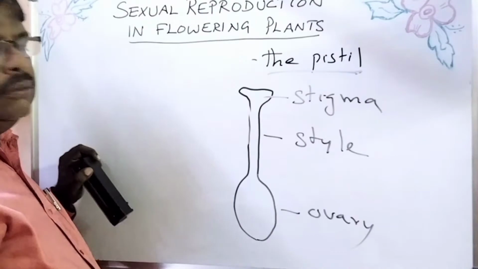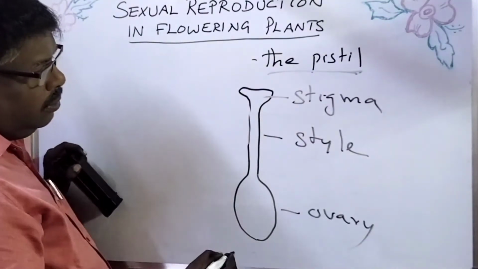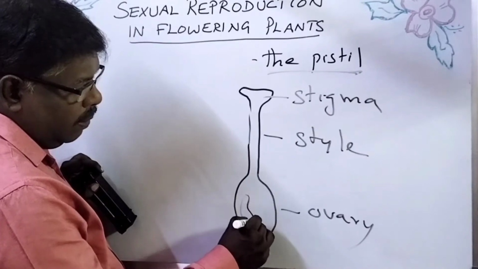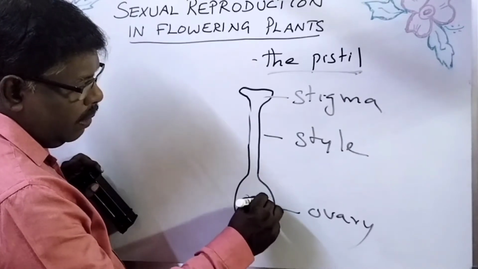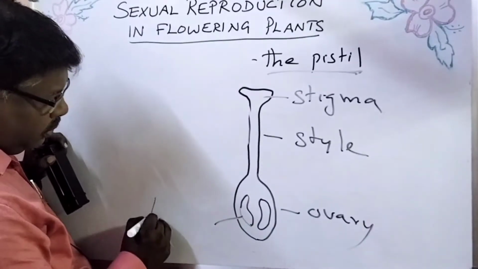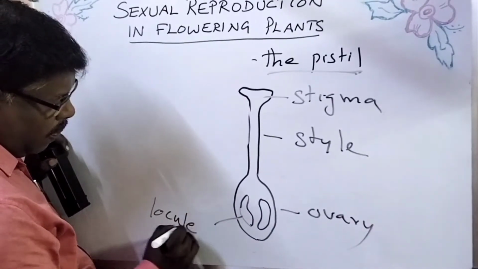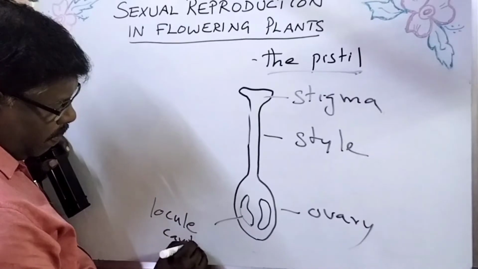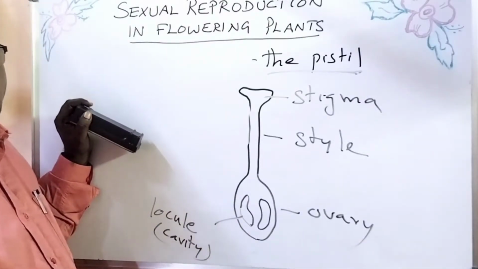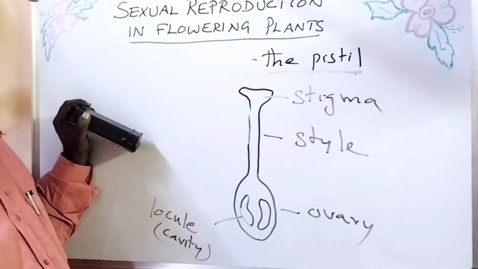So, in this ovary, there will be a cavity, also called cavity or locules. Inside the locules, the ovules are present along with the placenta.